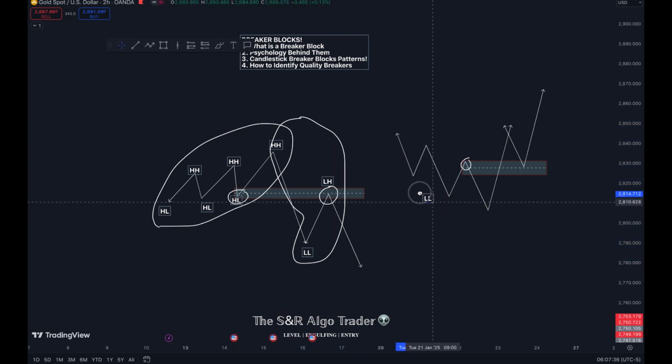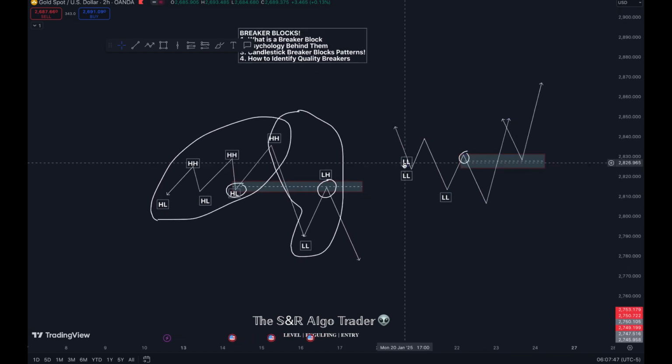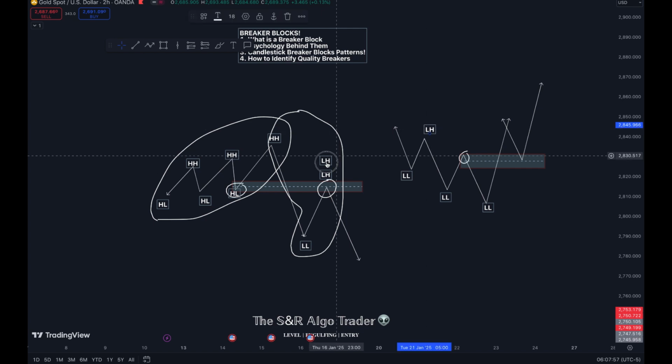So these are lower lows. These are lower lows. These are lower highs. So price changed scenario here.